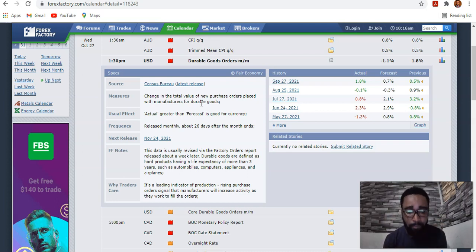For that reason, you should give more attention to durable goods orders and not core durable goods orders. I hope that's clear. So you should give more attention to durable goods orders. And when the news is released, if the actual is greater than forecast, then you know that it's good for currency. So you should trade accordingly.